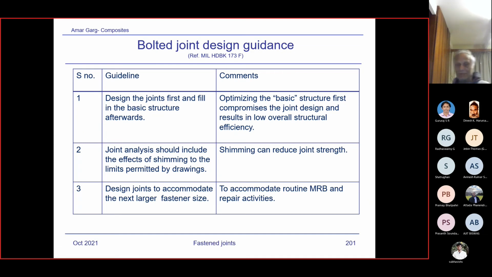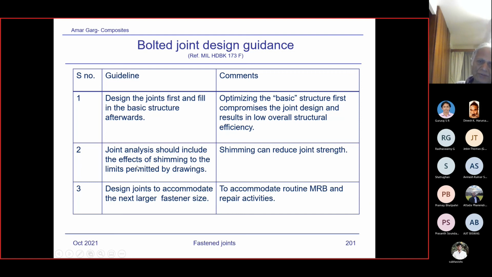Because it's better to consider joint design and then design other structure. Otherwise, when you have designed the structure, then joints are critical, they are failing, so you have to change a lot of dimensions. So the best thing to start with first, roughly design of the joint.